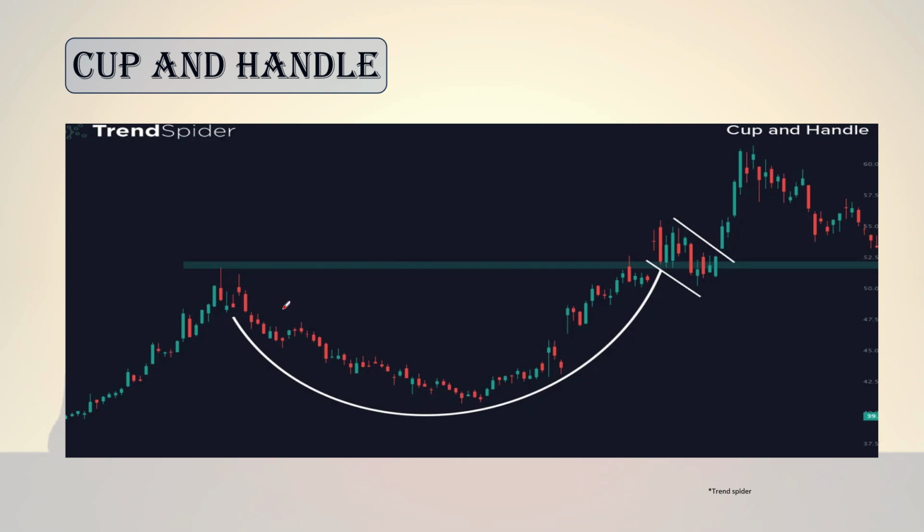This is the cup and handle pattern. This is also a bullish pattern. But I would rather suggest considering this graph as a bullish flag pattern, where you can see it is forming somewhere. You can associate this particular area as a flag pattern.